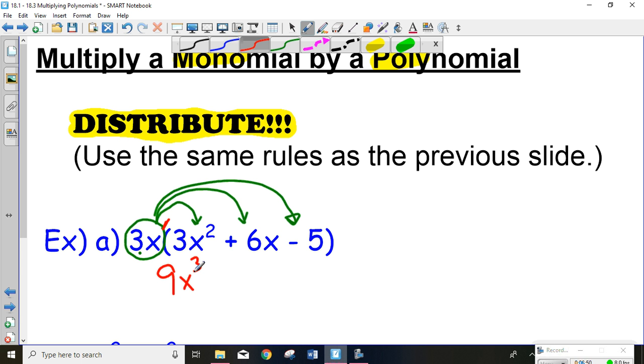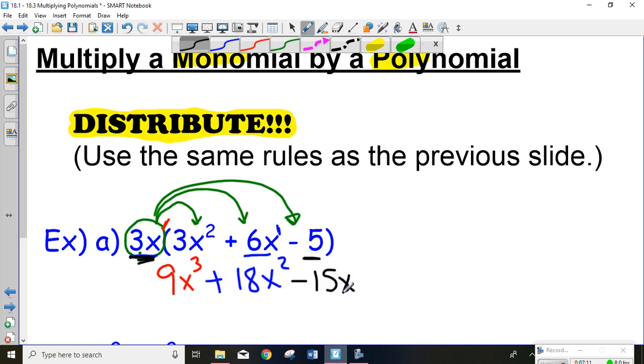Now I'm going to multiply my 3x times the 6x. So 3 times 6 is 18. Again, understood 1s on both of these x's, so x times x is going to give me the x squared. And last, I'm going to do 3x times the negative 5. 3 times negative 5 is negative 15.